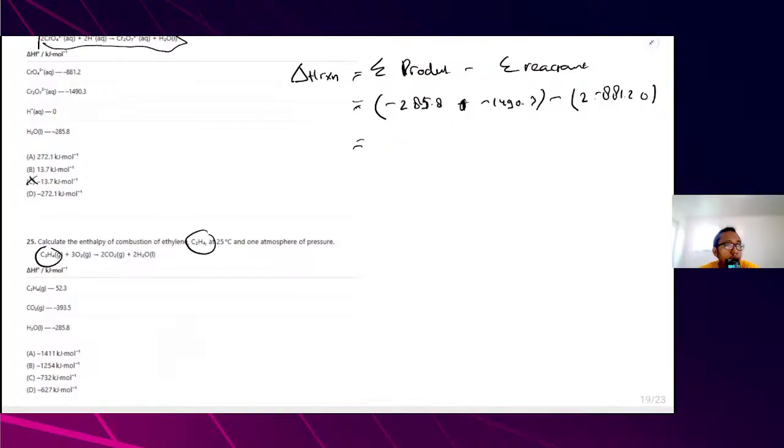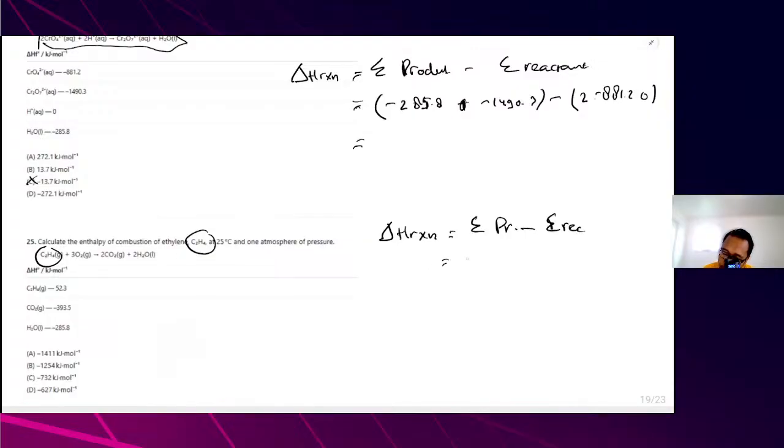How to solve this part? Same thing as the previous one. Calculate the enthalpy of combustion, ΔH reaction, product minus reactant.